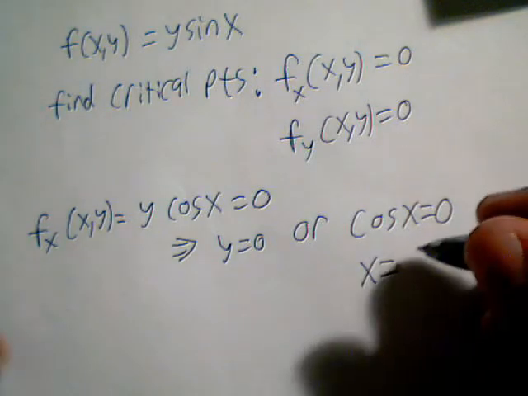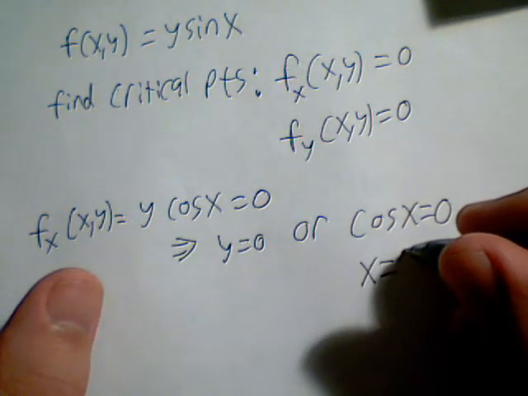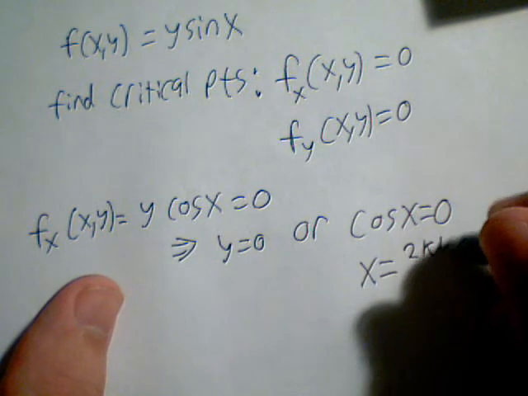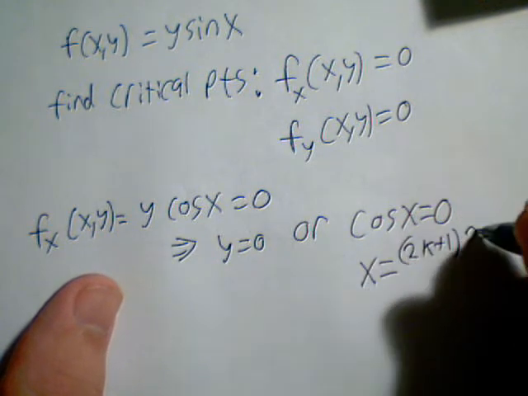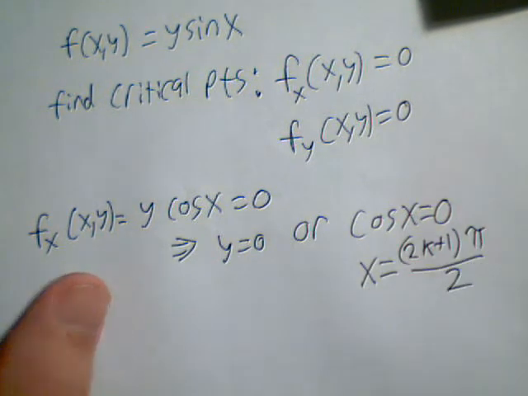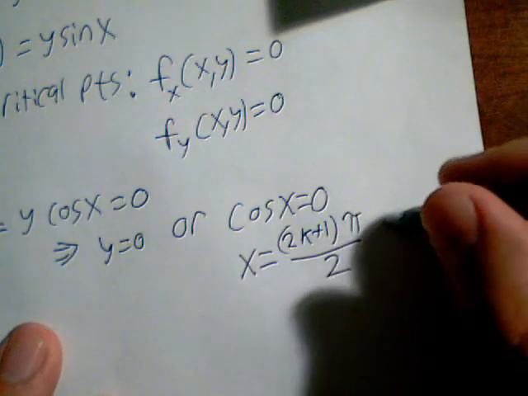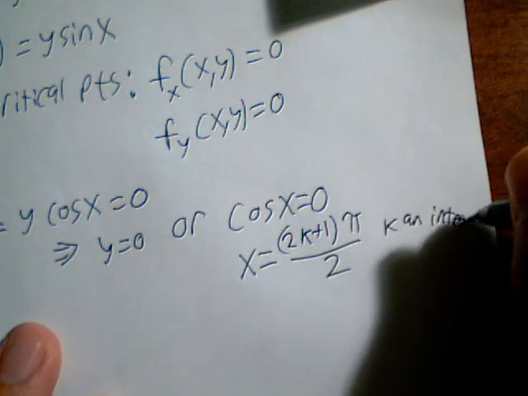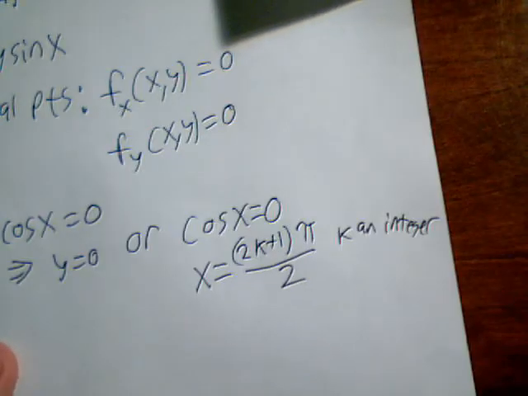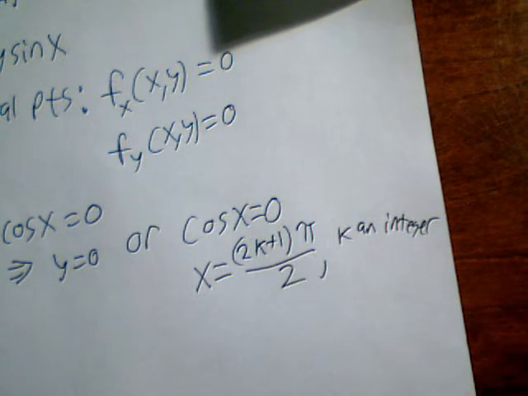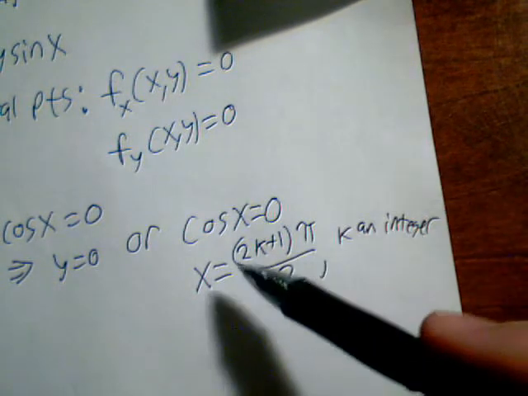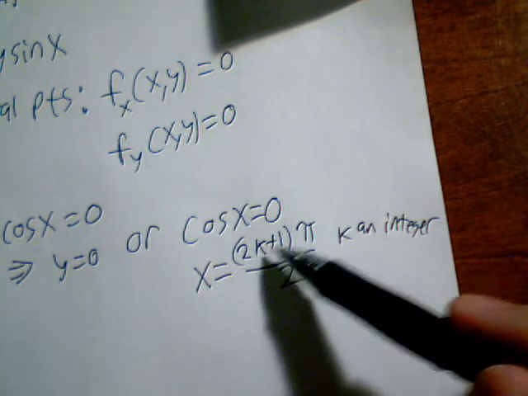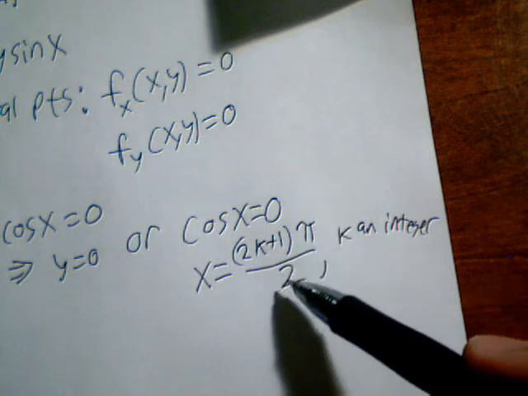So x equals 2k plus 1 pi halves, for k an integer. So these are all the odd numbers times pi over 2.